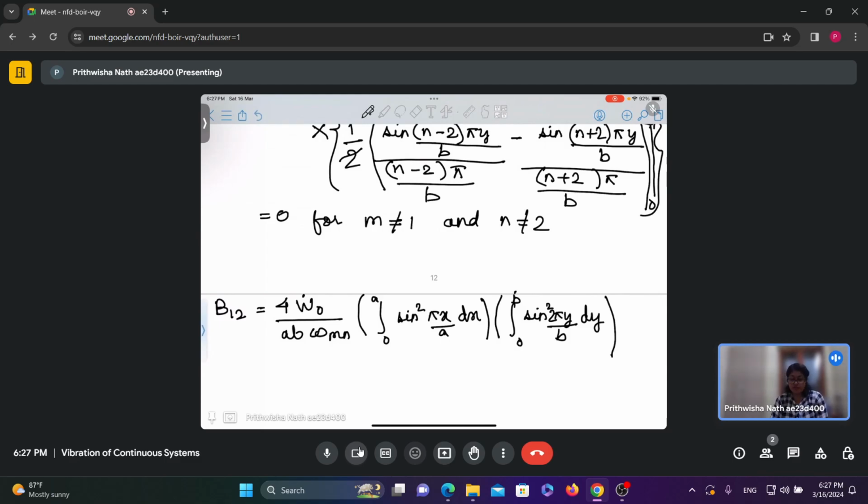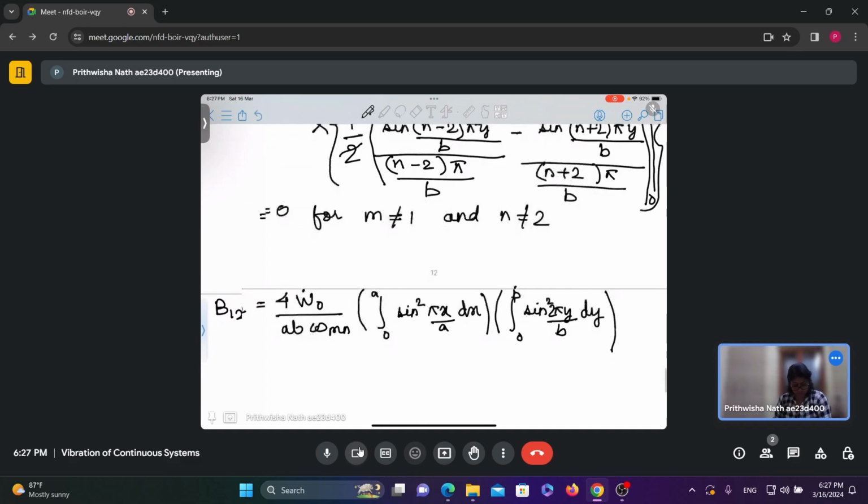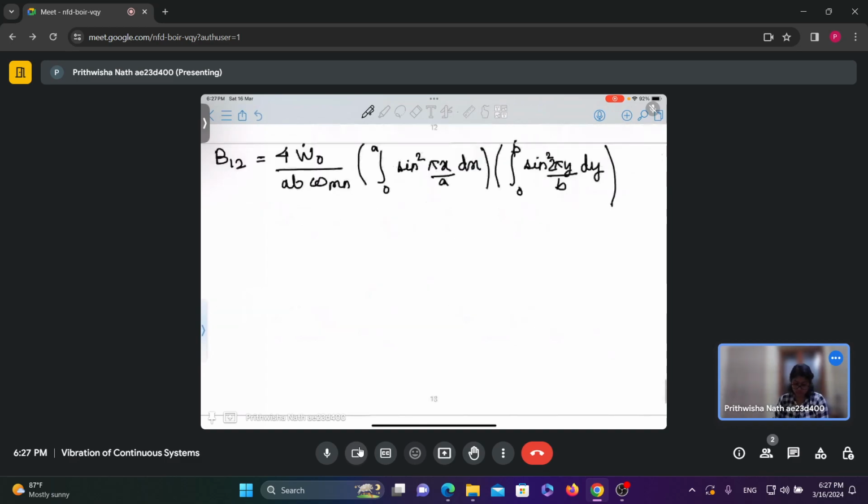Now what will I get if I integrate this? Like the earlier problem, again we can write this.